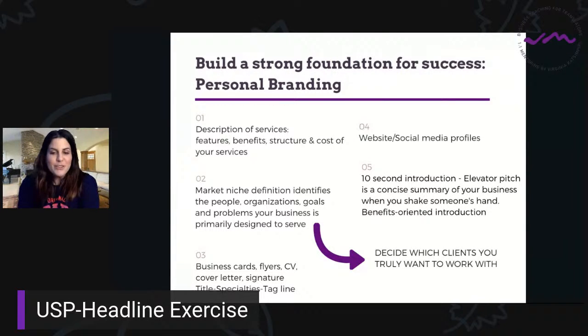Then you need to decide which clients you truly want to work with, so as to go back and define your market niche. That's step number 2. What is the market niche? It identifies the people, organizations, goals, and problems your business is primarily designed to serve.